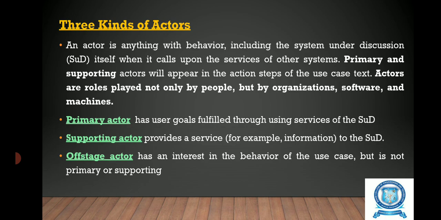Primary actors have user goals fulfilled through using the services of the system under discussion, and a supporting actor provides a service, for example information, to the system under discussion. An offstage actor has an interest in the behavior of the use case but is not primary or supporting.